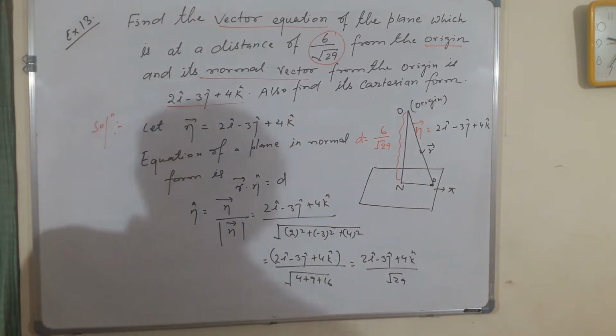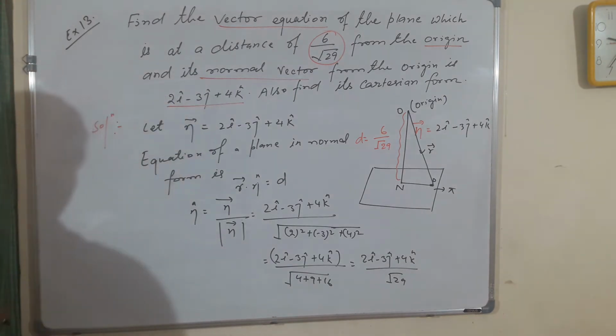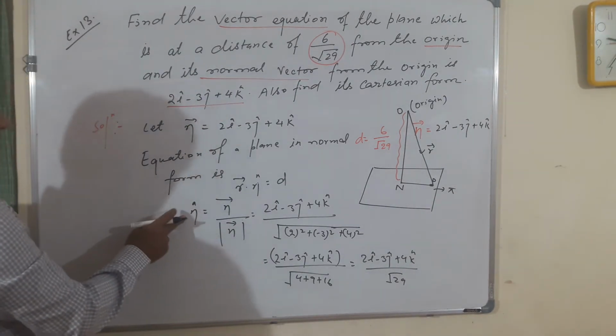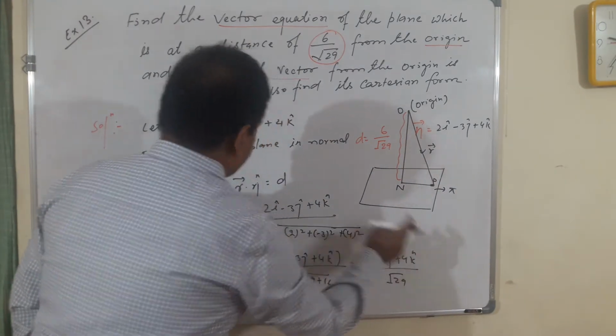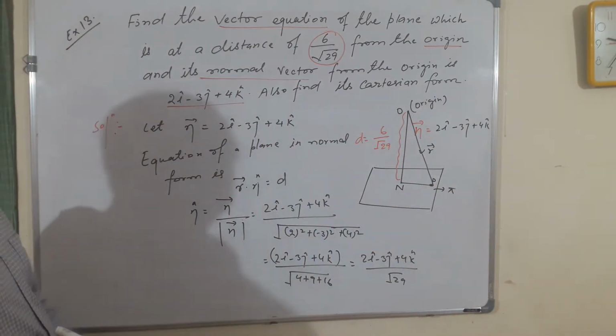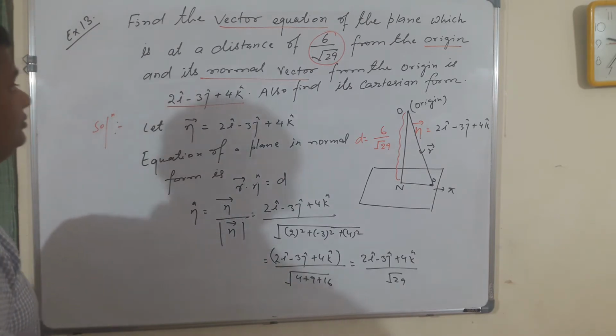So it means when you convert vector n to the unit vector n, you have to divide by its magnitude.